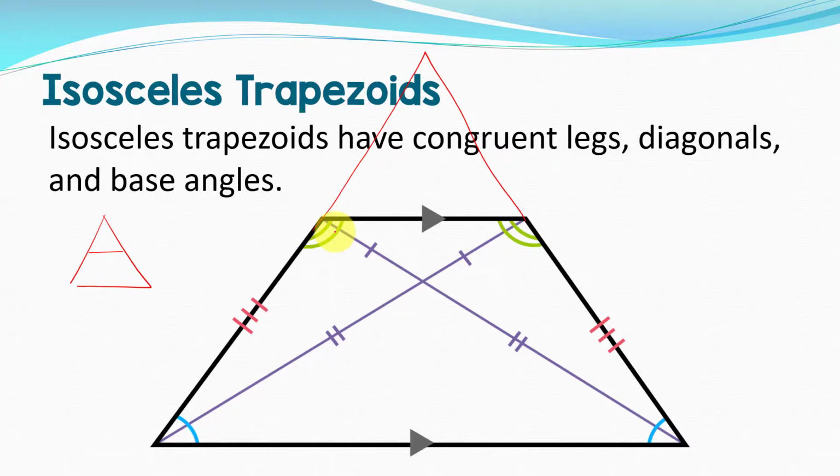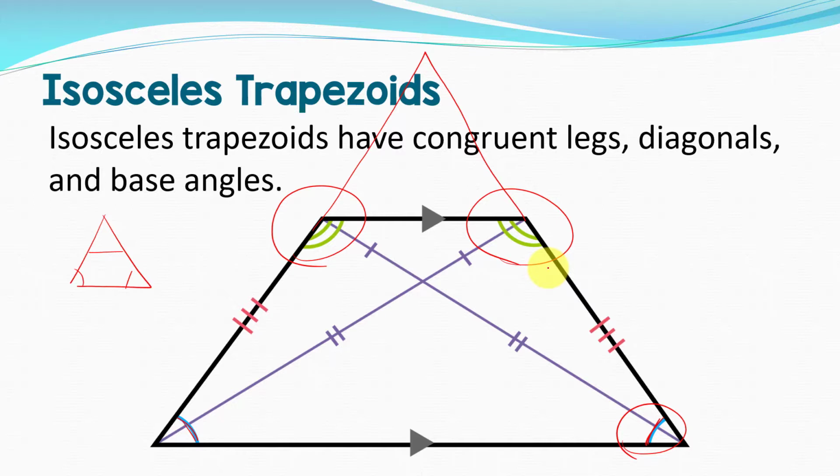So they have congruent legs, and the diagonals and the base angles are also congruent. So this base angle is congruent to this one, just the same as with an isosceles triangle. But we also have this top angle here that is congruent, and the diagonals are congruent.